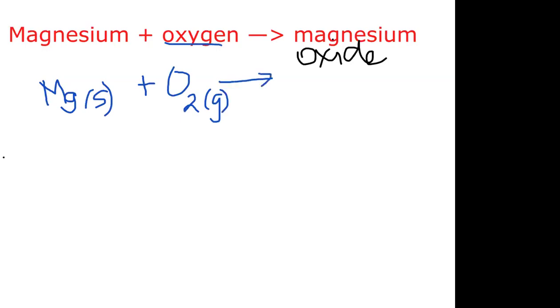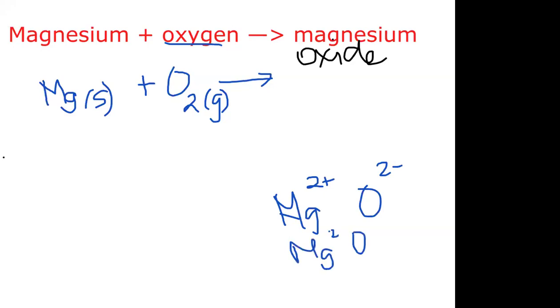Magnesium oxide has magnesium 2 plus ion, oxide 2 minus ion. So Mg2, O2, swap, 2, 2, 1 magnesium, 1 O, MgO.